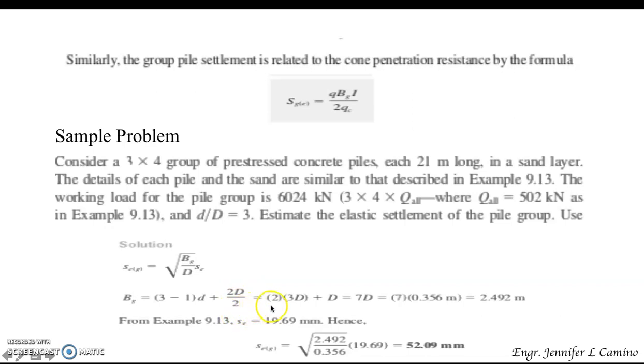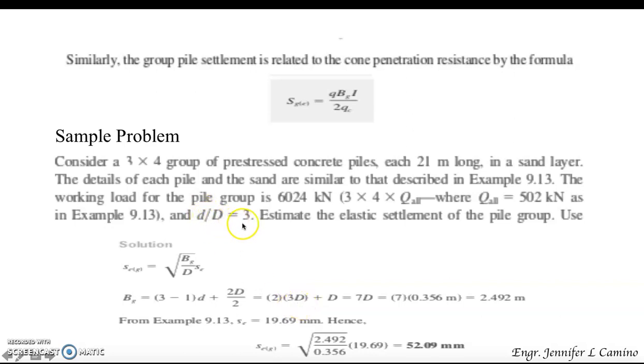If we substitute and simplify this, it gives us our value, which is 2.49 meters.